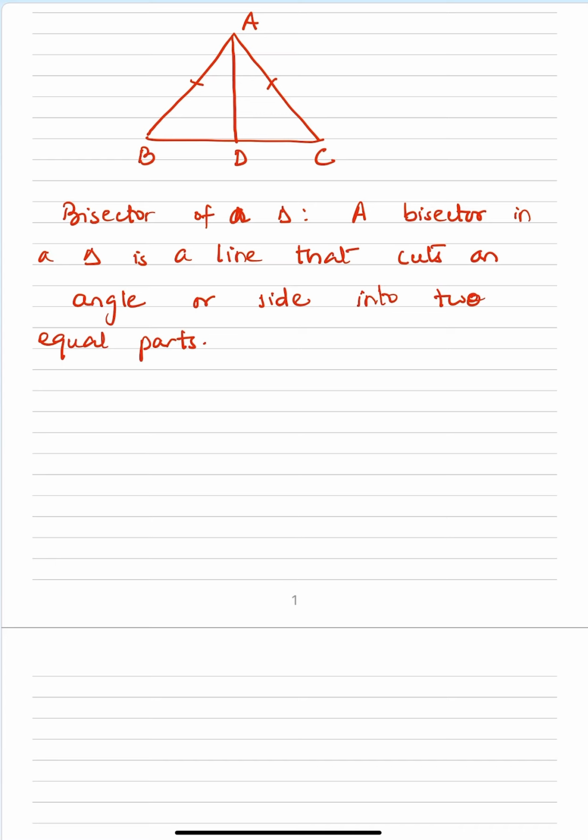Got it? Now, a bisector in a triangle is a line that cuts an angle. It is cutting an angle and the side BC into equal parts.